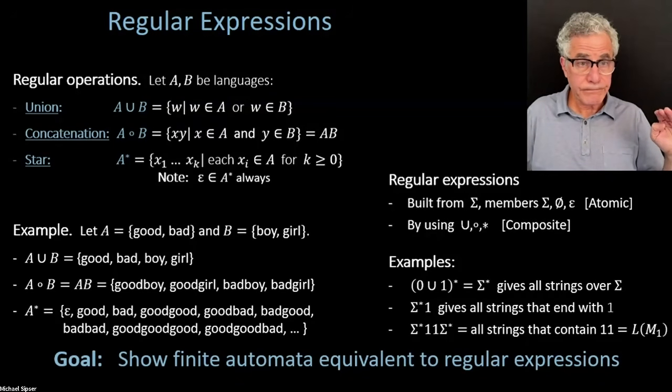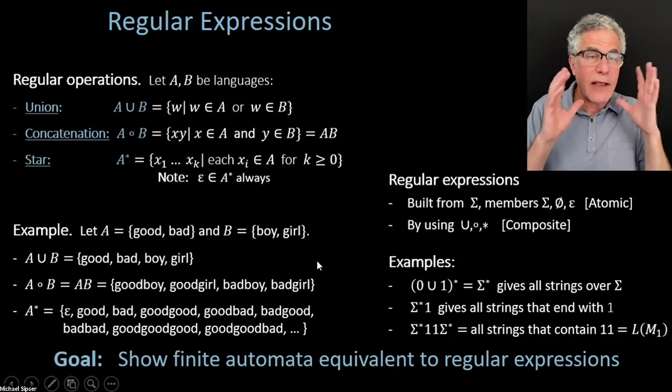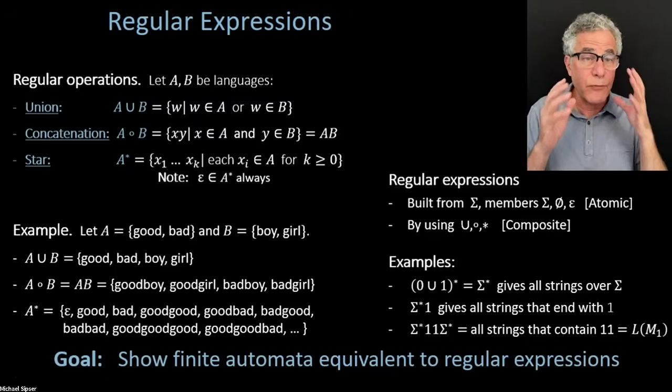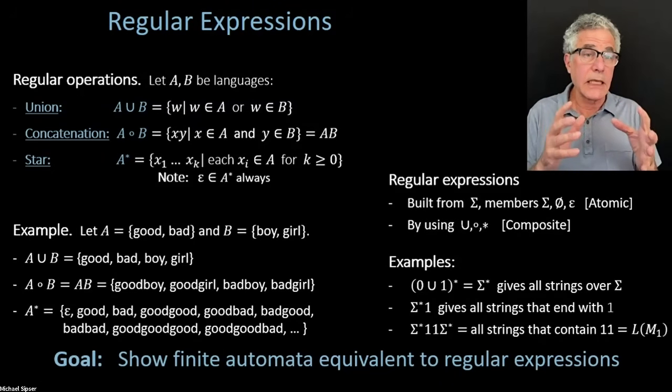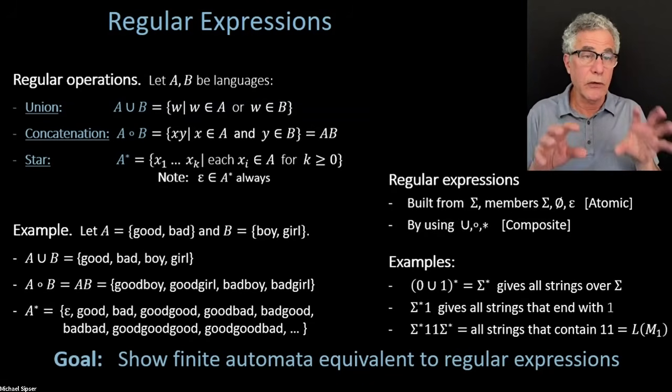If you step back for a second and appreciate this, it's kind of amazing, because finite automata with states and transitions and regular expressions with union, concatenation, and star look totally different from one another. They look like they have nothing to do with one another. But in fact, they both describe exactly the regular languages. It's a cool fact that you can prove these two very different looking systems are equivalent.